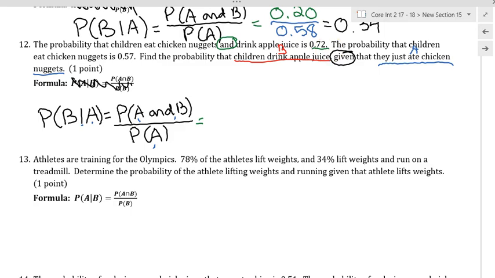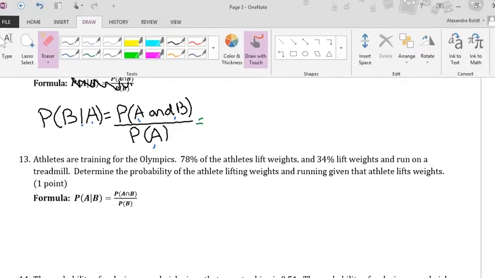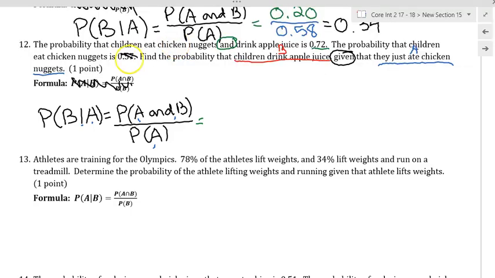There are so many issues with this. I'm going to change the number. Just go with it because otherwise it doesn't make sense. We're going to change that to 0.97. Why not? So the probability that they do and is 0.72.